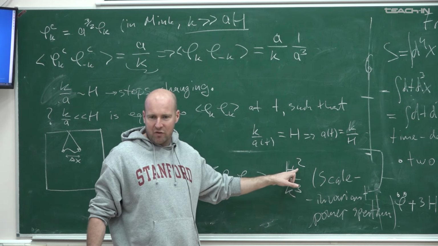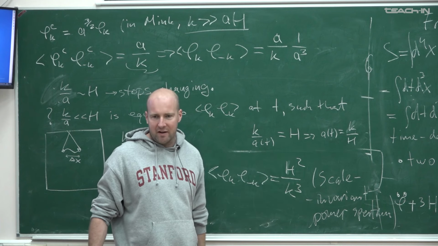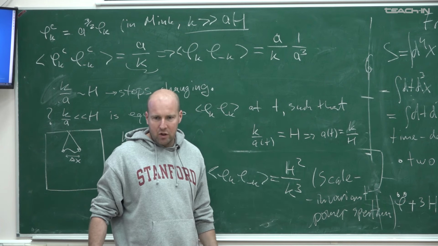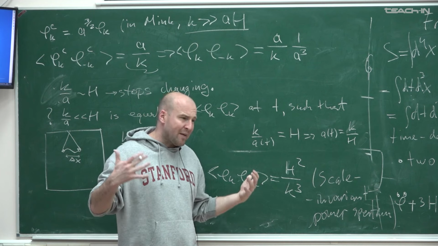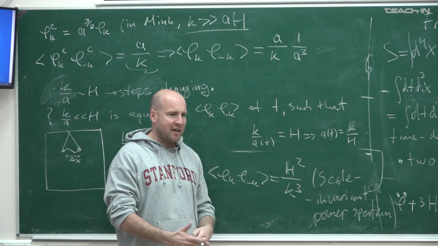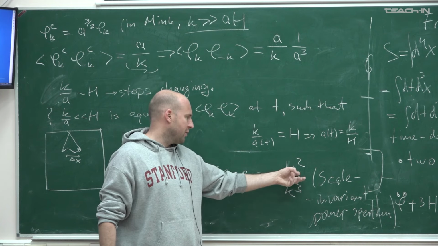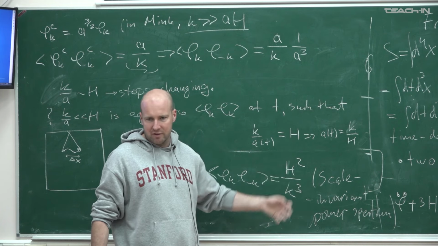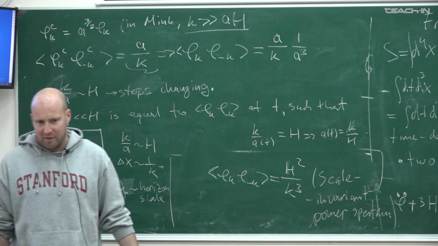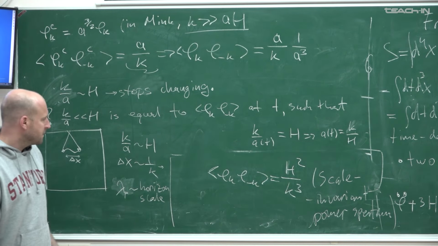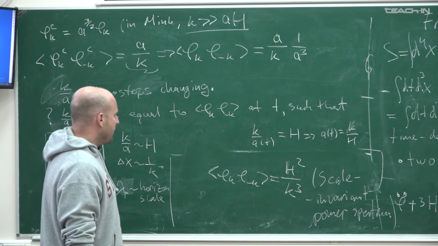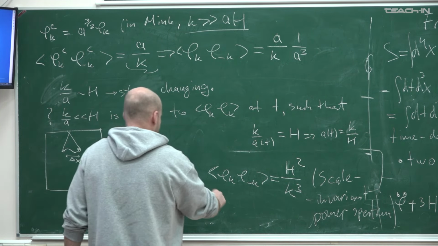If Hubble was not constant, it would be a bit more complicated. Something conceptually like this you would get every time you get a horizon. But this formula is so simple because Hubble was constant, which basically limits me to exponential expansion. Good. So now let me try to wrap up.